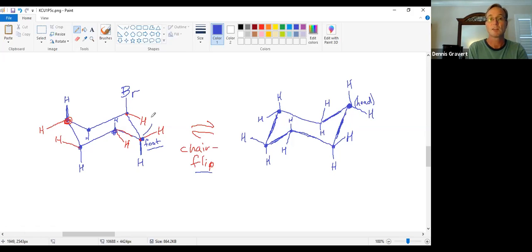And you go from here to this one, we're going around the ring counterclockwise. So you have to have the same orientation. If you're going from the head, which used to be the foot, you have to go counterclockwise to find out where that bromine is. Well, on the foot, we go over one carbon, we find the bromine.